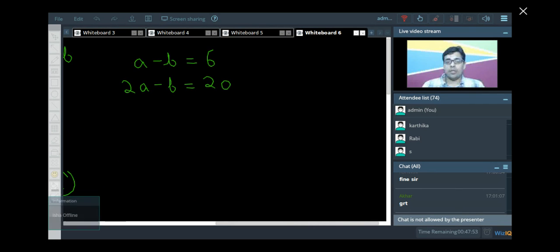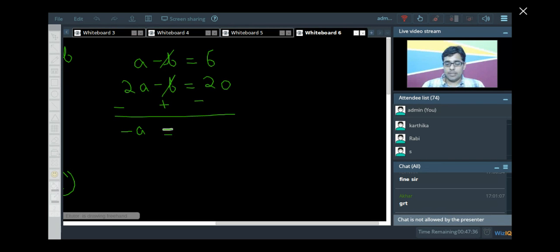Subtracting these two equations, the sign changes. It would become a minus 2a, that will become minus a, minus b plus b, they will cancel out after subtraction, and then 6 minus 20, it will become here minus 14. Solving this, it would become here a as 14. So getting here a as 14 for this given example, and then finding the value of b. How can we find b here?